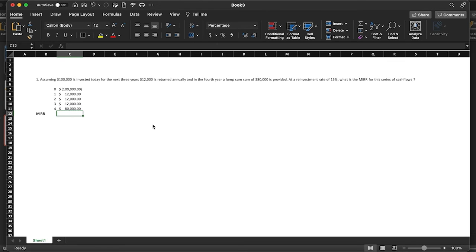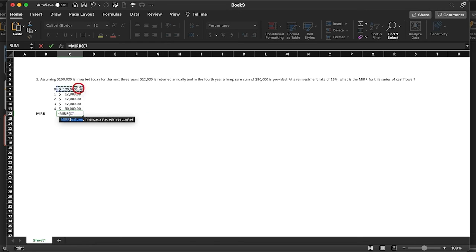To calculate the MIRR, we're just going to use our MIRR function. We're going to select our cash flows. Oops, sorry about that. And then we have a finance rate of 15% and a reinvestment rate of 15%. It's the same.